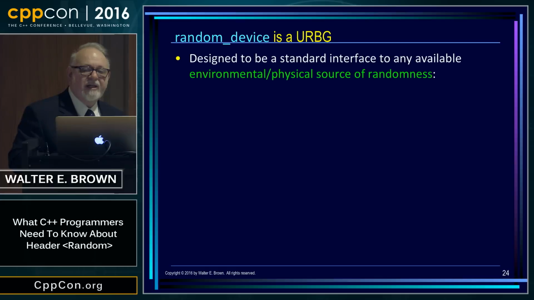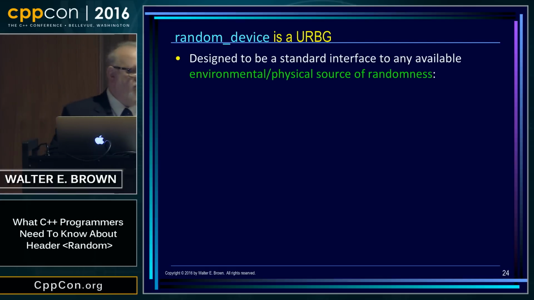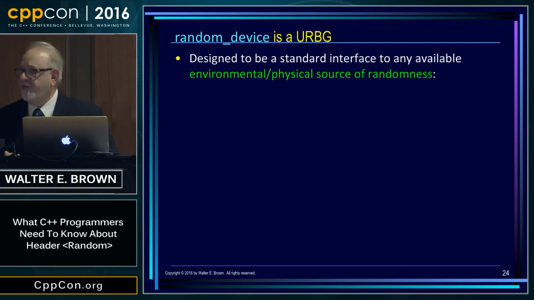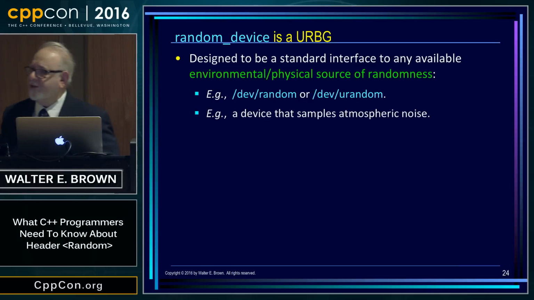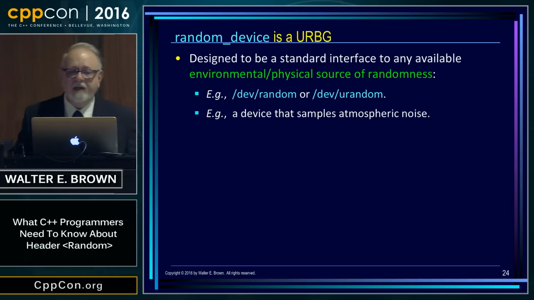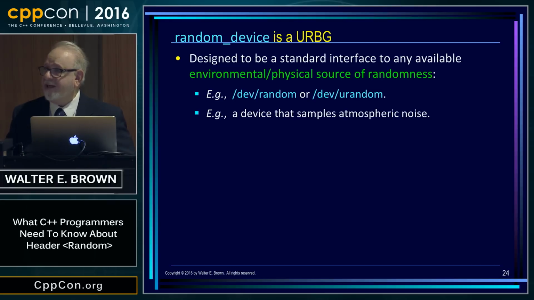What it is designed to be is a standard interface to something that is not standard. If you have access to an environmental, sometimes called a physical, source of randomness, for example, dev-random or dev-urandom, depending on whether you care about blocking, or if you have access to a device, for example, that samples atmospheric noise and can transform that into zeros and ones for you. This is a standard interface to such things.